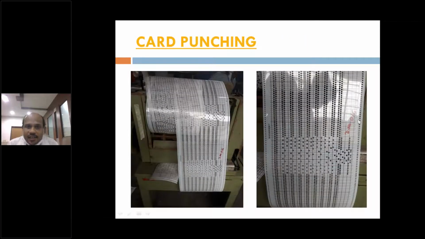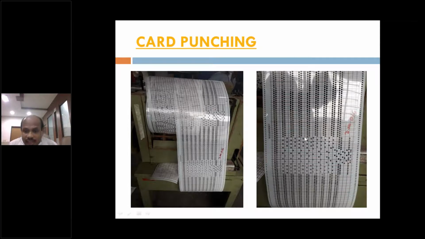Then from the yarn the fabric is made. Before getting the fabric, if you remember, we sometimes have designed fabric. That design is done by some kind of dobby design. Those dobby designs are done by card punching.